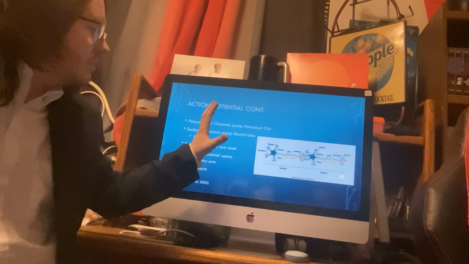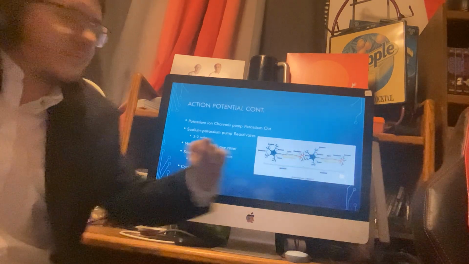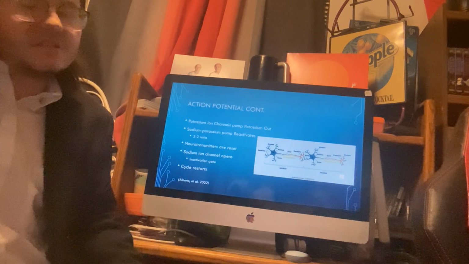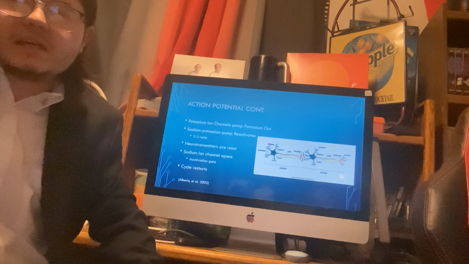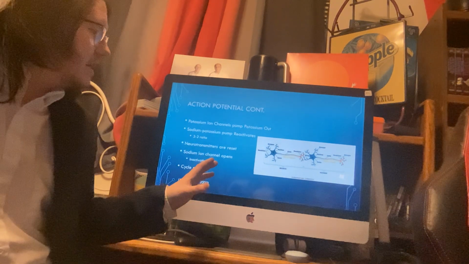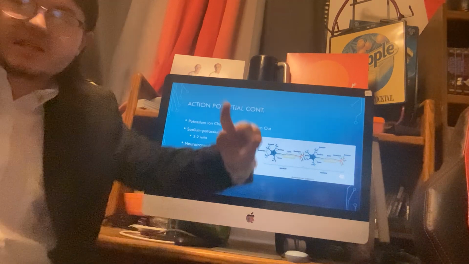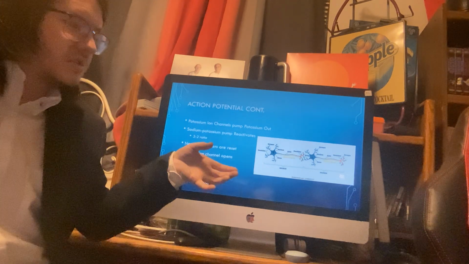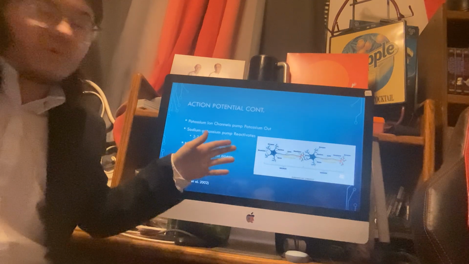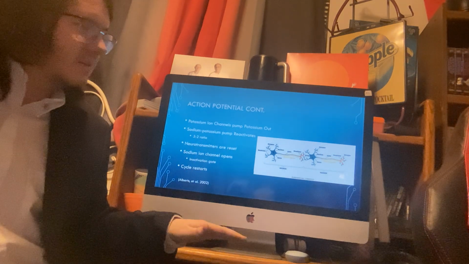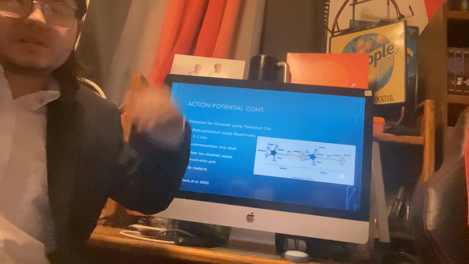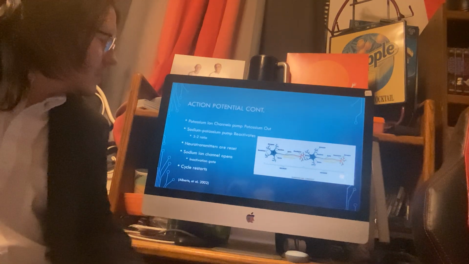After that happens, after it's all set and everything's done, the sodium-potassium pump decides to reactivate. At a ratio of, I believe, 3 sodiums to 2 potassiums, they swap places. They go back to where it was before, where potassium is inside the cell and sodium is outside of the cell.